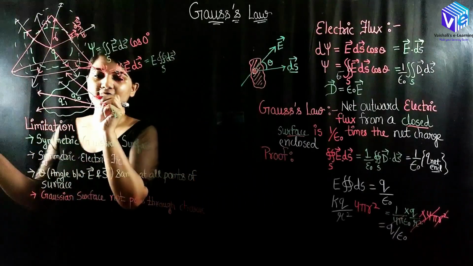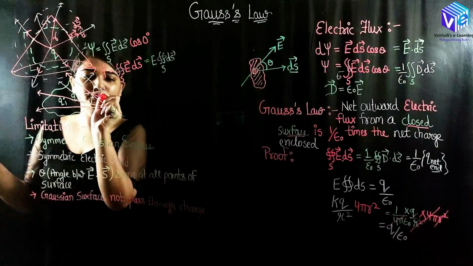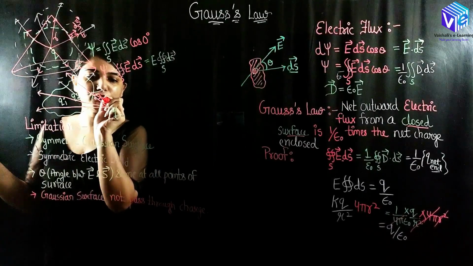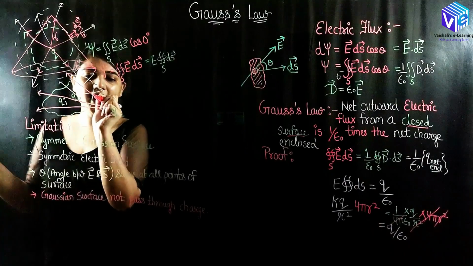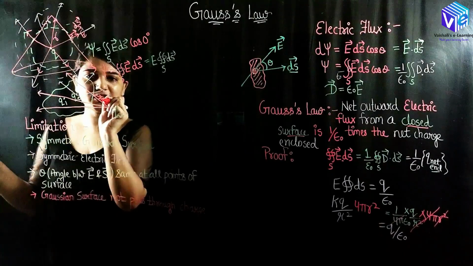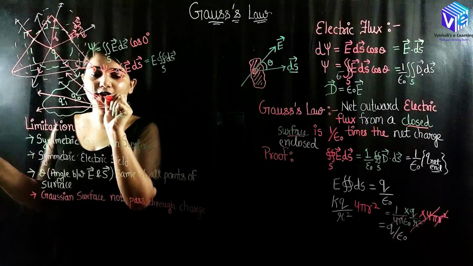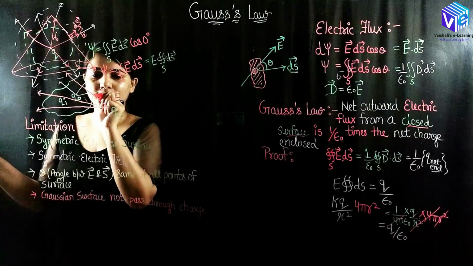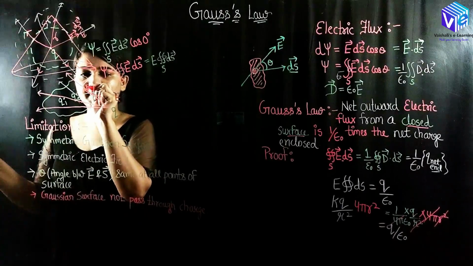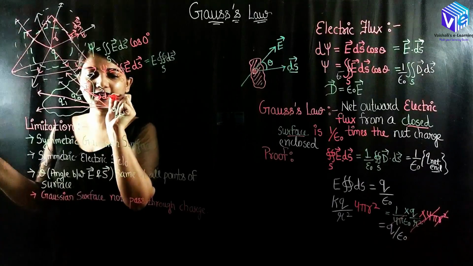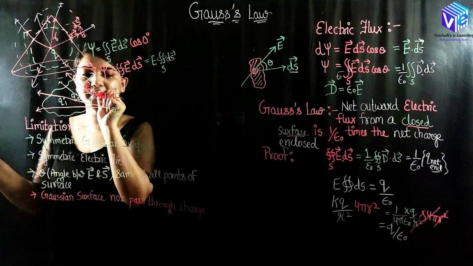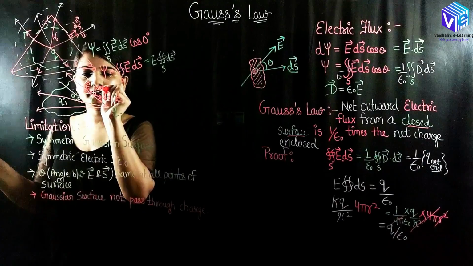Here, the surface vector will be perpendicular to this surface. At this surface, let's suppose E is also perpendicular. This is the direction of the E vector, and this is the direction of the surface vector. What is the angle? It is 180 degrees.